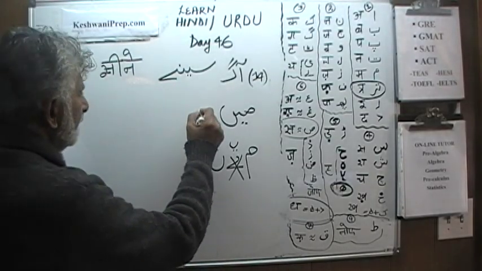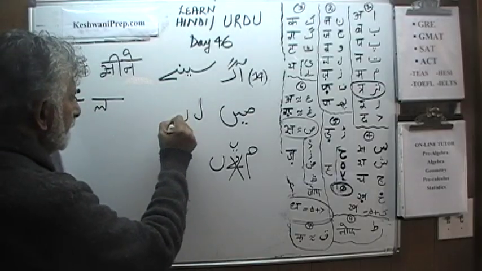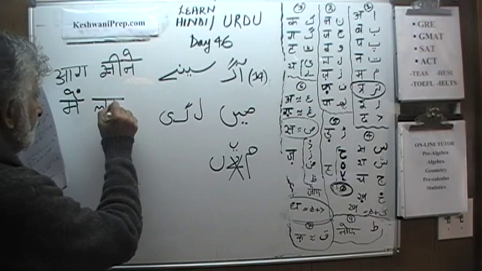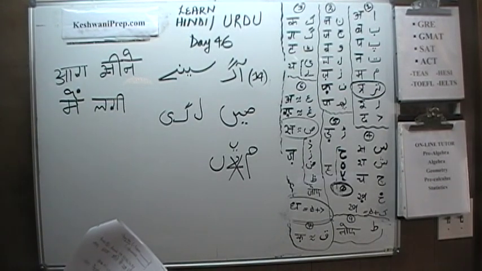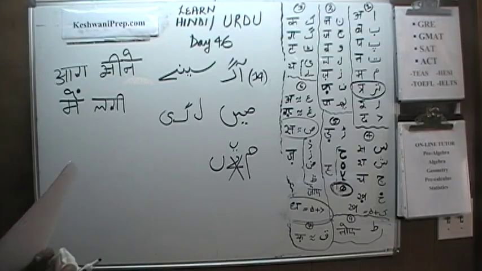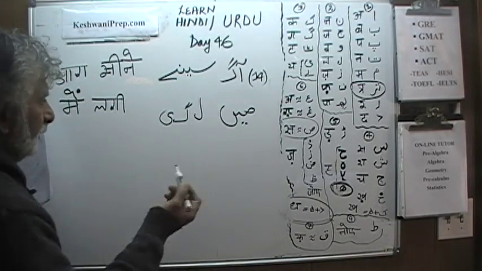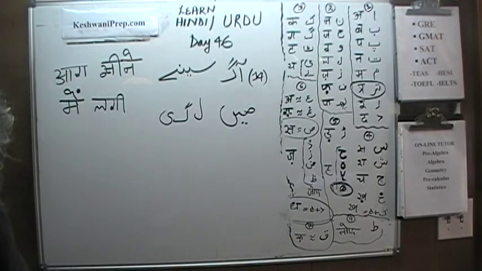Aag sine mein lagi. La, and then ga, and a badi ee ki matra. Let's see how we put this together. Lagi. Okay, pay attention here. Two things are going to happen.